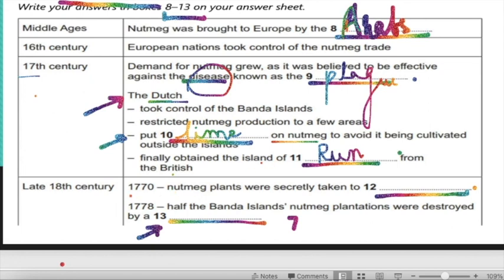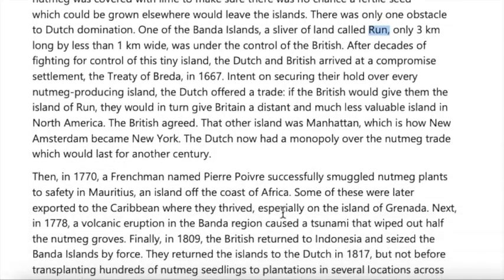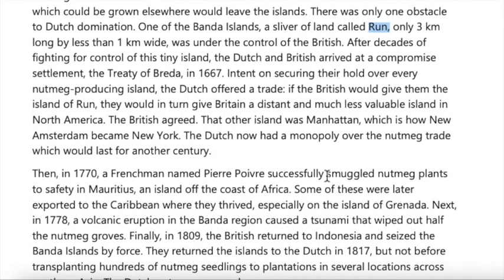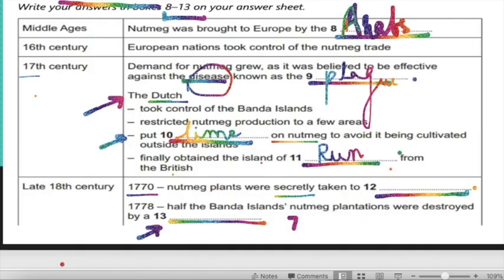Now 1770 we have to find. Nutmeg plants were secretly taken to. Okay, 1770. Secretly taken is smuggled. Where were they taken? They were taken to Mauritius.